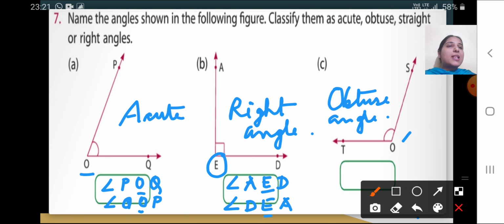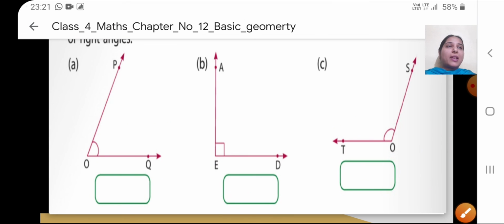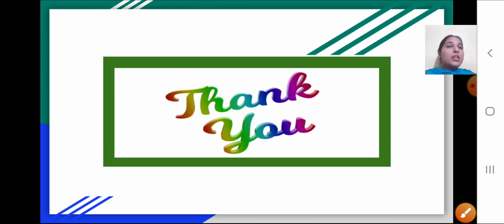It will be named as angle SOT, or it can also be named as angle TOS. Again you can see the vertex O is in the middle, isn't it? So in this way we name the angle and classify the different types of angles. So children, you will practice these questions, and that's all for today. Thank you.